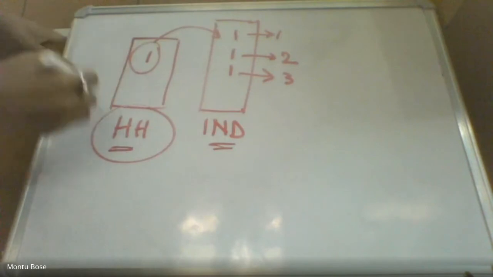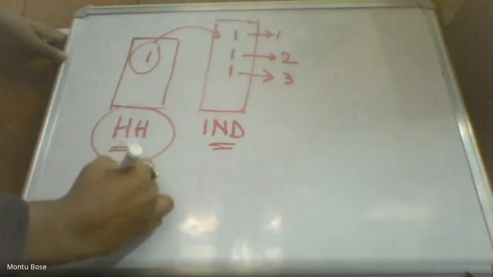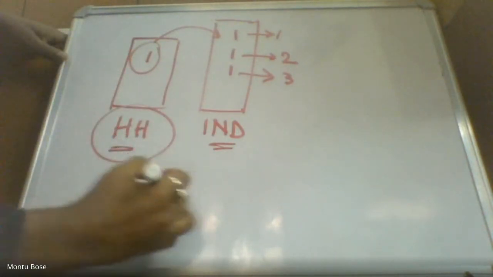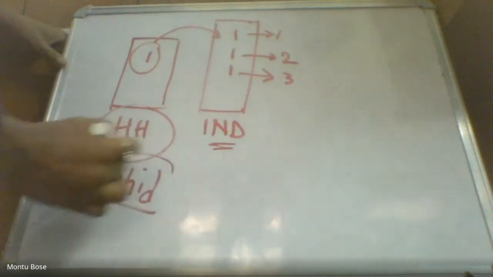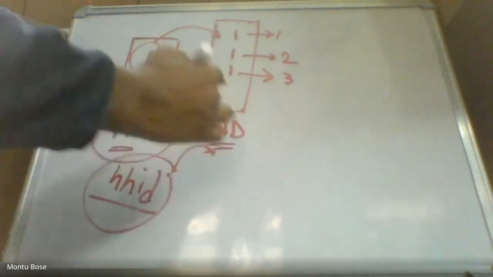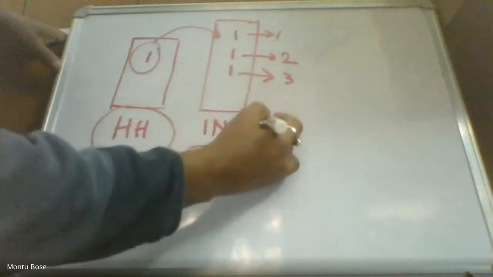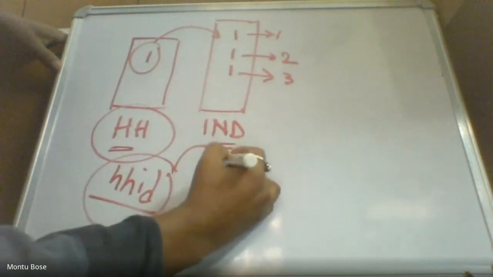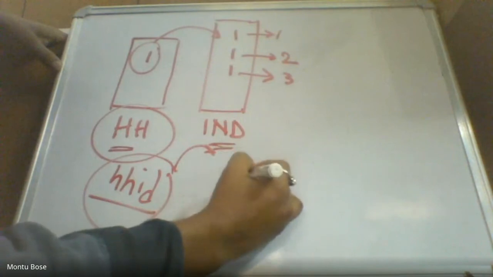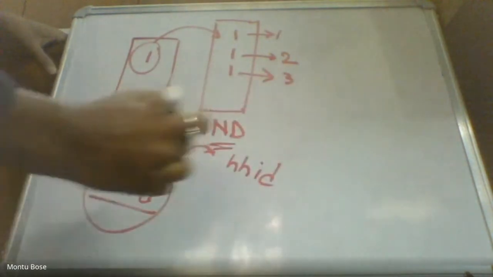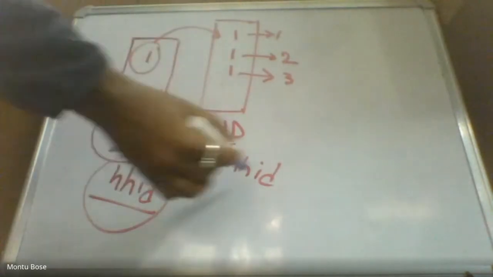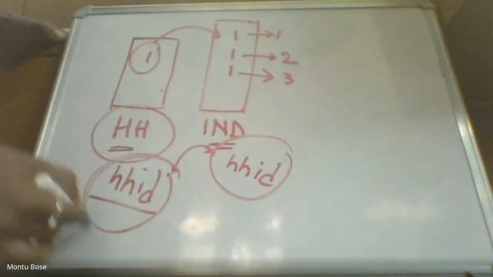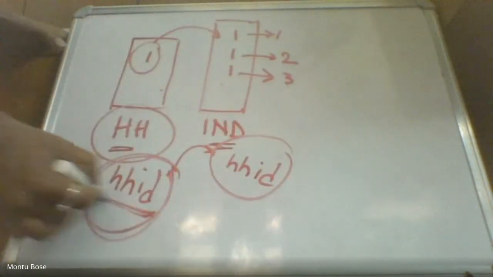In this case, suppose we denote it as household ID, HHID, and the same ID would also be present in the other data, which we also denote as HHID. To merge these two data files, we need to take the help of this common ID, which is household ID.